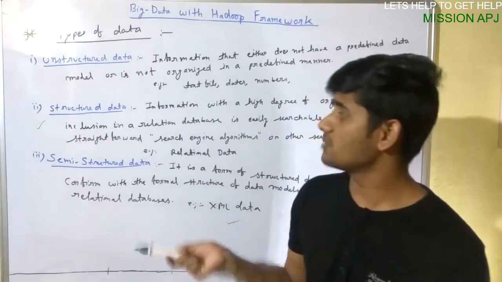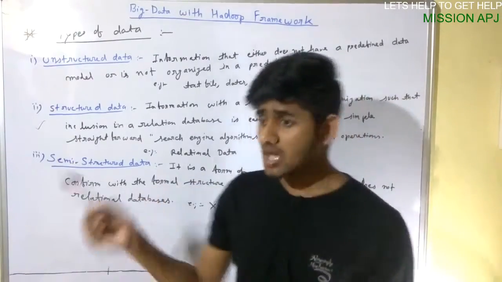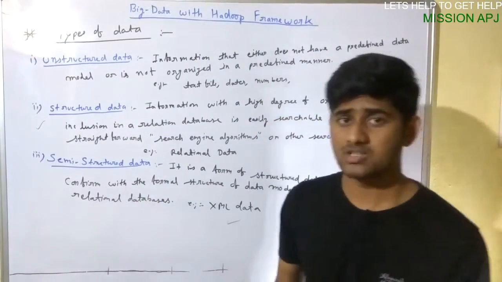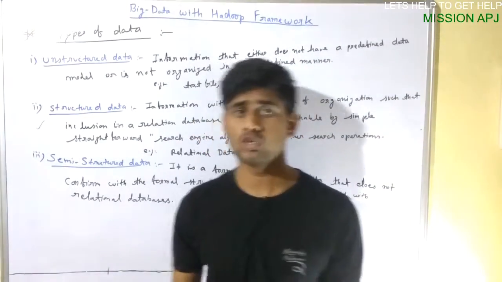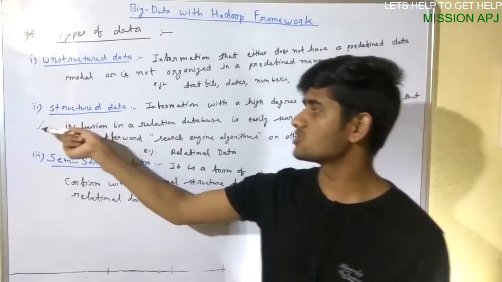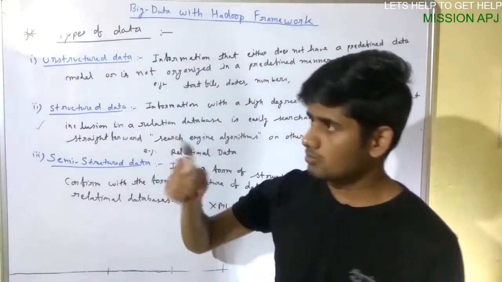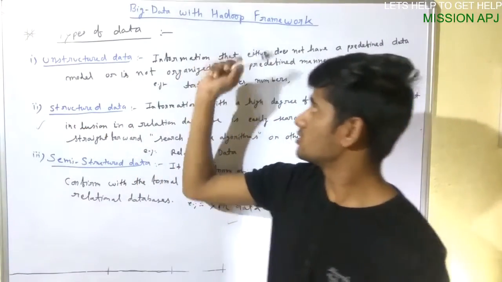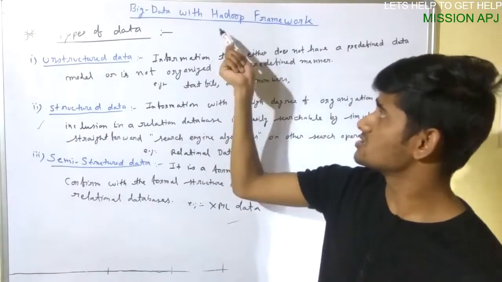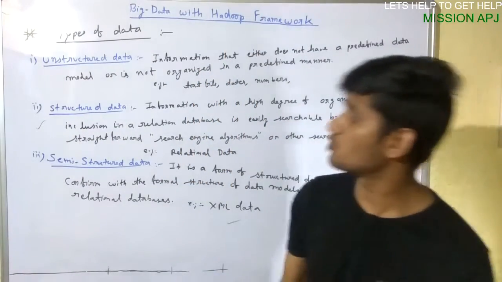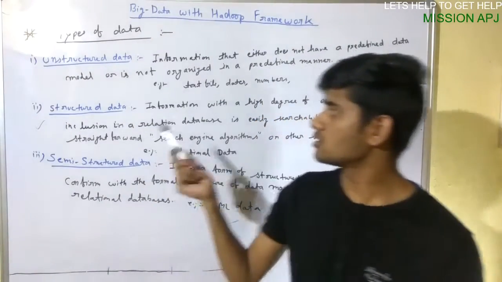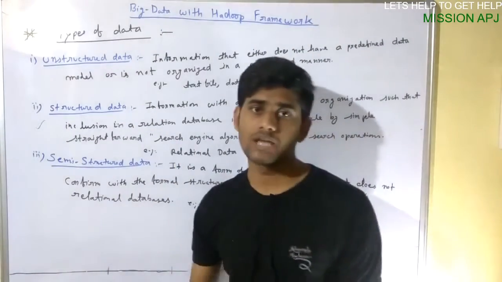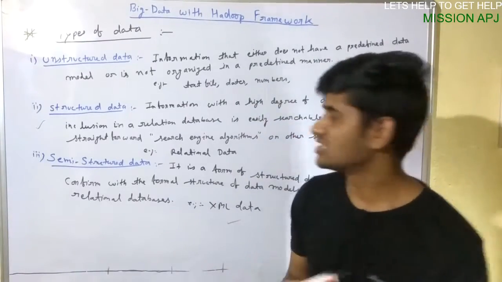From that technique, we need to find out our requirements. The traditional database is not going to help us, except with structured data. So we found another technique, which is Big Data with the Hadoop framework, which will provide solutions for all types of data, like processing, searching, anything.